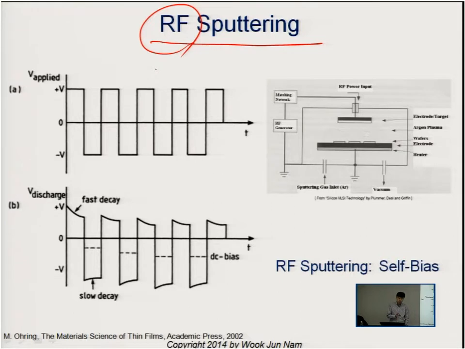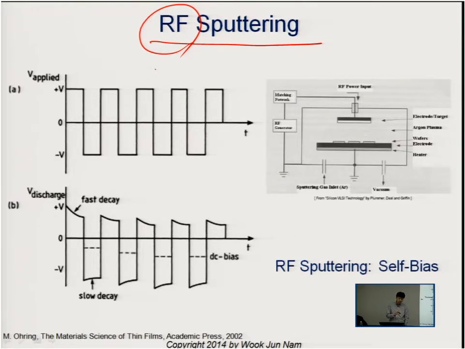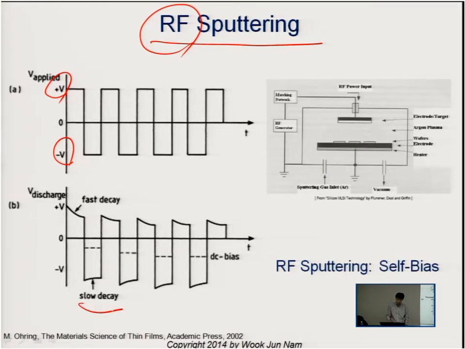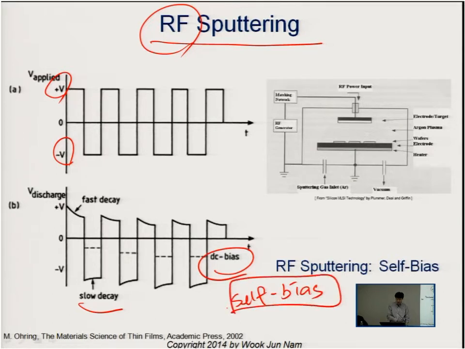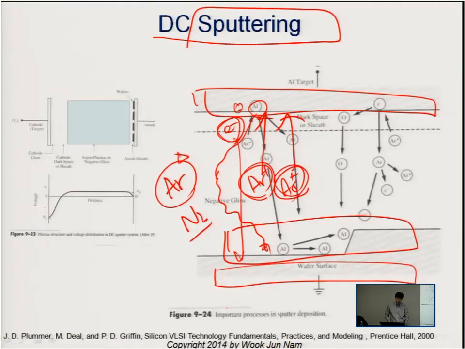So even though you change the bias with the same magnitude, the electrons accumulate at one electrode, making a self-bias. Once this self-bias is formed, all the other mechanisms are almost the same as in DC sputtering.